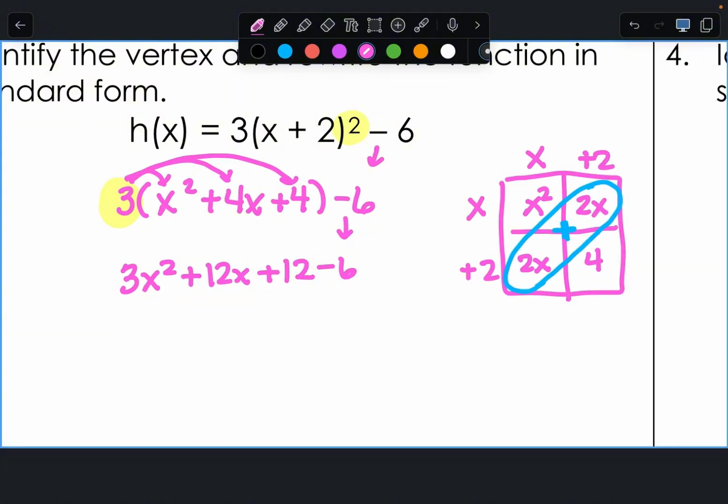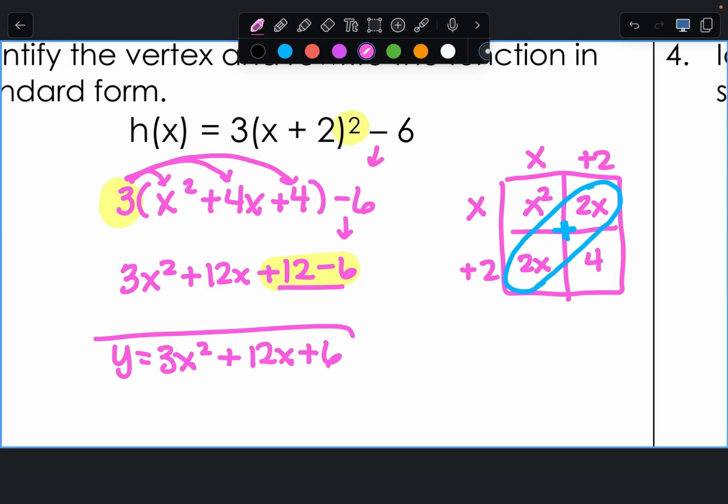The last step? Combine. So you get y is equal to 3x squared plus 12x plus 6. Questions? No questions? Okay.